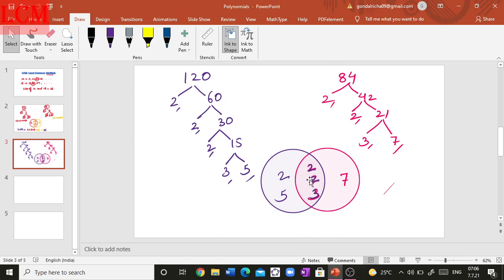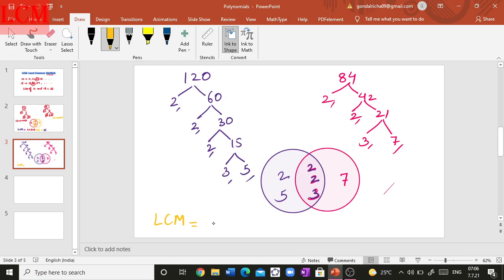Now, the LCM of both these two numbers, 120 and 84, will be given by the product. So the LCM, that is the least common multiple, will be regarded as the product of common factors and also the uncommon factors of the given numbers.